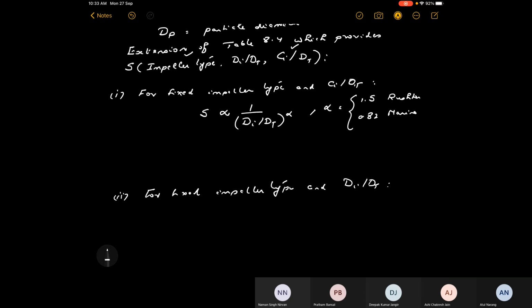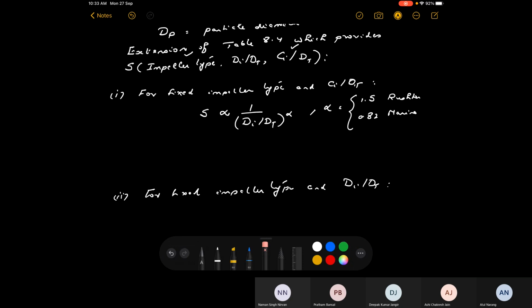I'm looking for extrapolation of Ci over dt. Actually, I'm sorry, there is no correlation given for this. So the main thing is, going back to the table, for fixed di over dt, S increases.